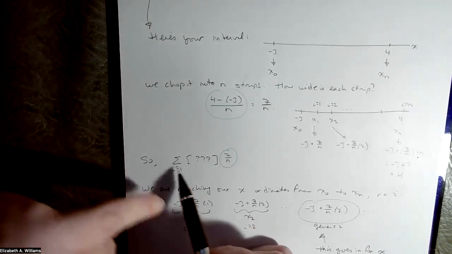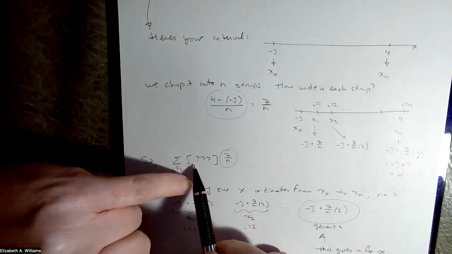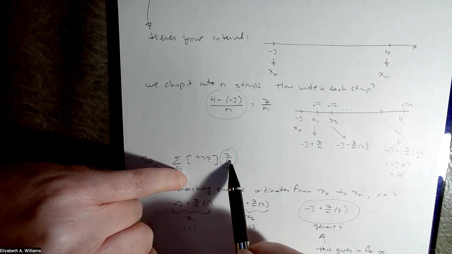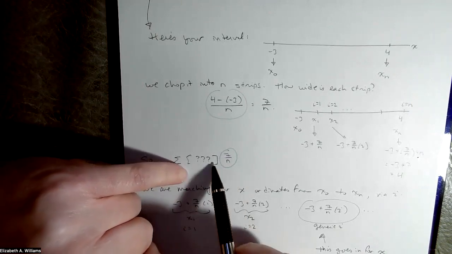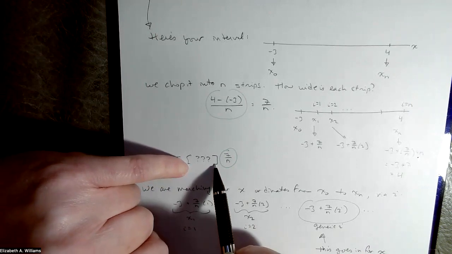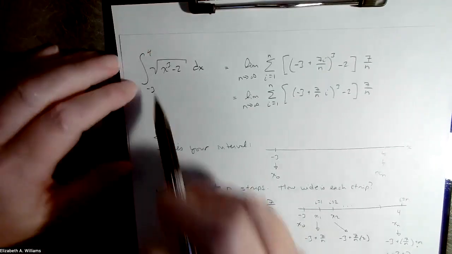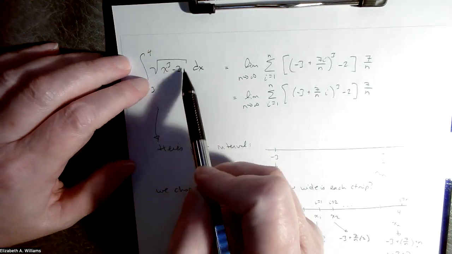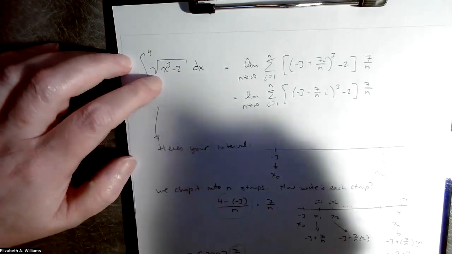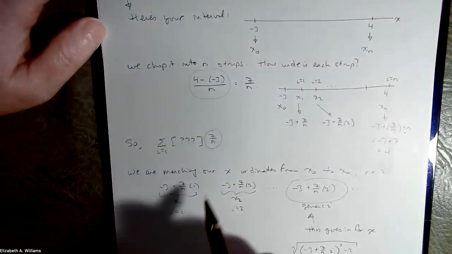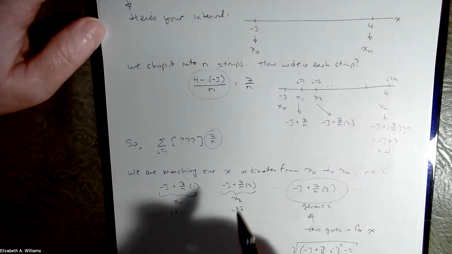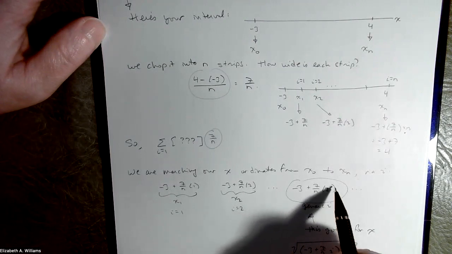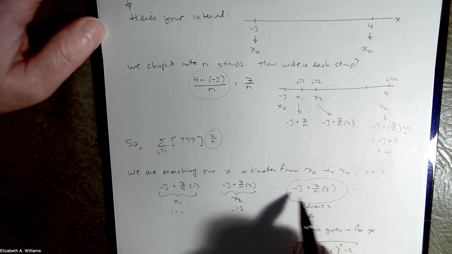Okay, so we know that our summation is going to be from i equals 1 to n of something times 7 over n, because that's our b minus a over n. That's the width of our strip. We need this to be a height. Well, that's our y value. The height of each rectangle is the y value for a particular x. This is a generic x somewhere along the way.